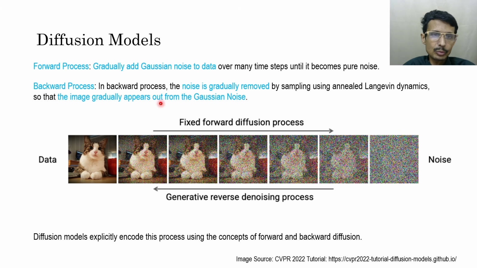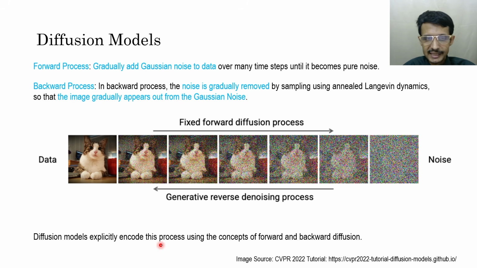Now, there are two processes, as we discussed. In the forward process, we keep on adding noise until the data becomes completely noise. And then in the reverse process, we successively denoise it. In the forward process, we gradually add Gaussian noise to data over many time steps, and in the backward process the noise is gradually removed by sampling, so that the data appears again.